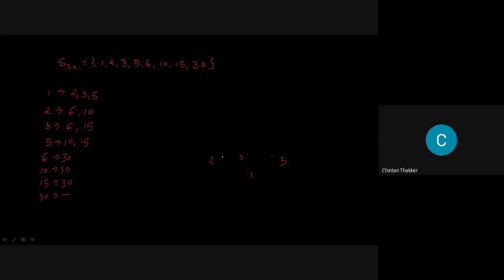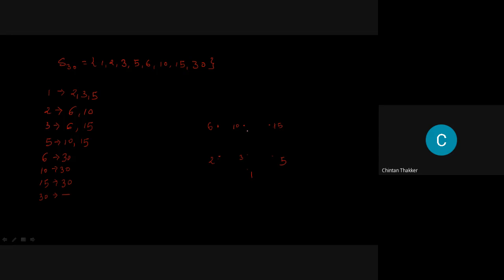Then 2 has covers 6 and 10, and 3 has covers 6 and 15.